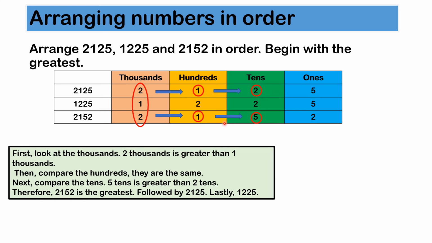So from here, we know that 2,152 is the greatest, followed by 2,125, which has the 2 tens, and lastly, 1,225. So we will have 2,152 first, followed by 2,125, and lastly, 1,225.